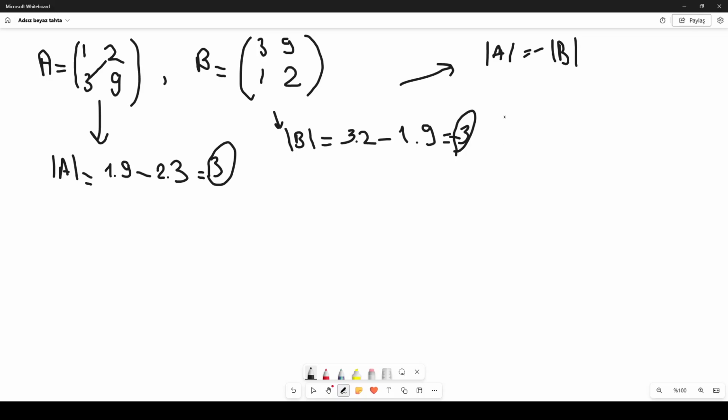So if the determinant of matrix A is equal to 3, then the determinant of matrix B is equal to minus 3. We just multiply the determinant by minus 1.